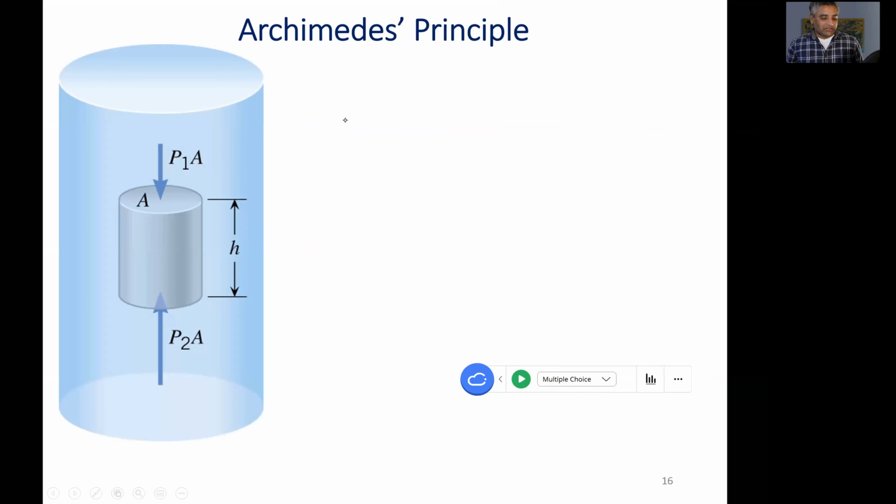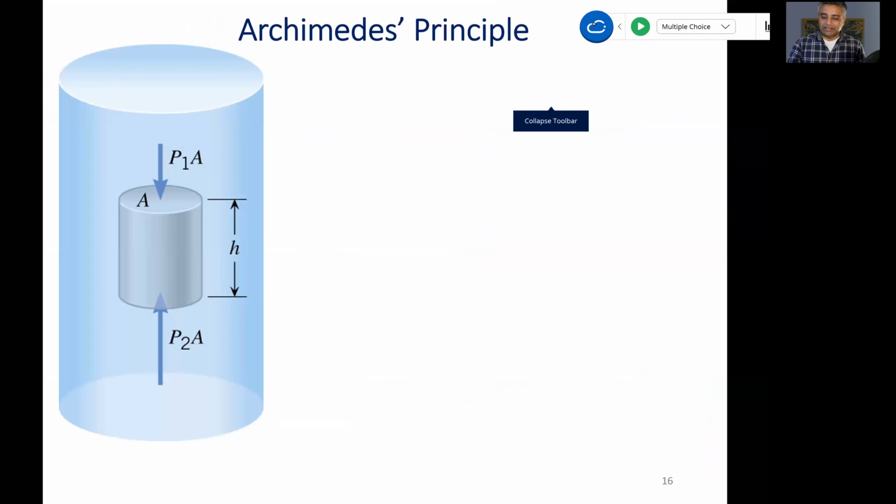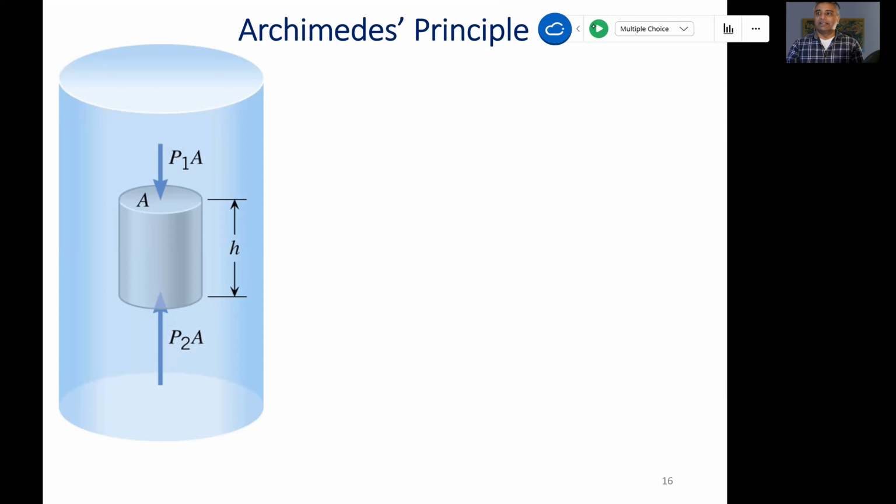So now let's talk about how we can use this information to find the density of an object, okay. So again, back to the cylindrical object there.